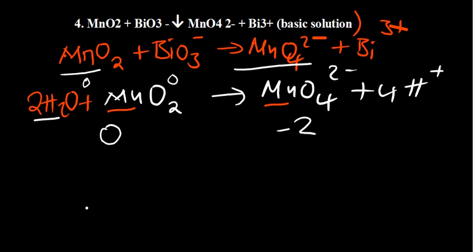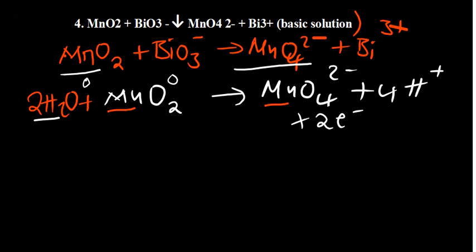So the overall charge on the products is what? 4 minus 2, which is 2. Whenever it is an increase from a lower number to a bigger number, it's an oxidation reaction, meaning the difference that you have is the number of electrons that were lost. So 2 electrons were lost in that reaction. It's an oxidation reaction.